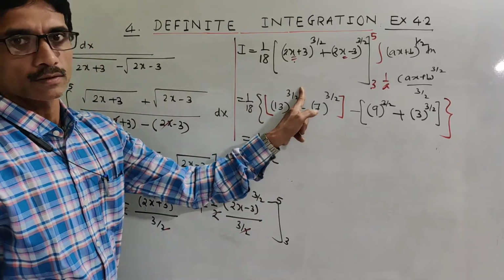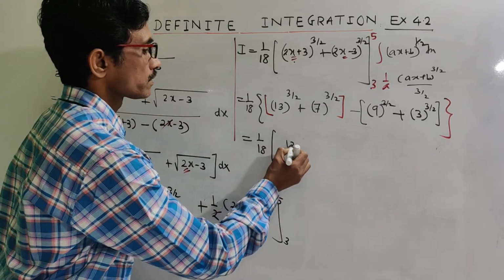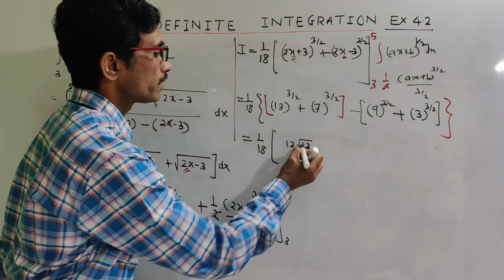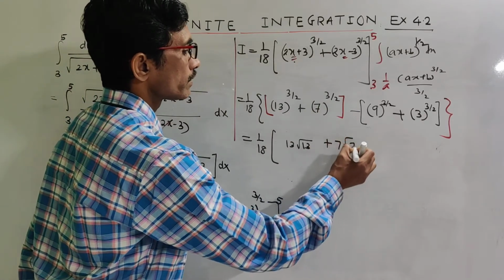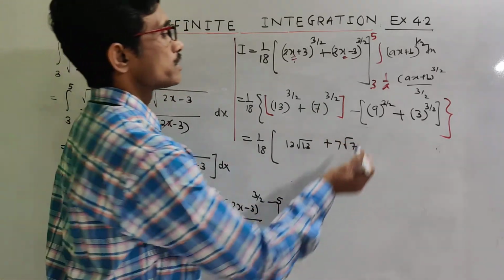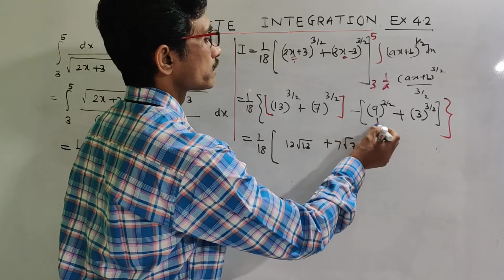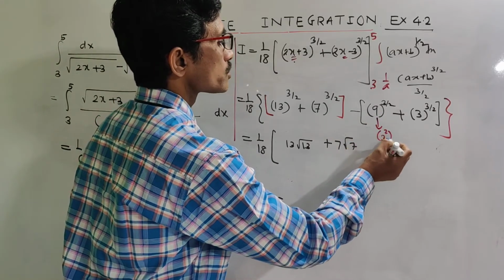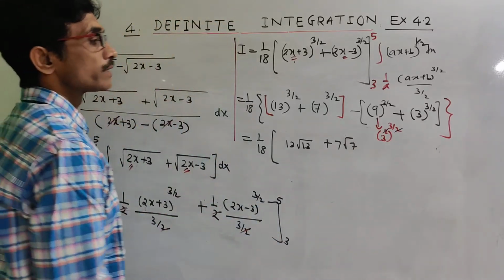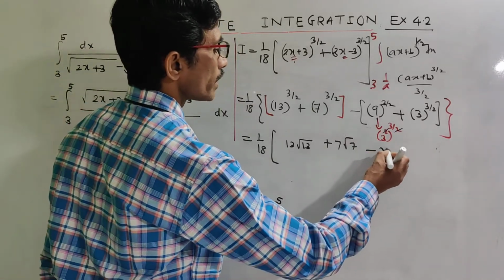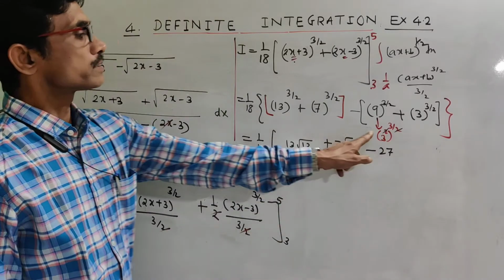13 raised to power 3 by 2 we write as 13 root 13. 7 raised to power 3 by 2 we write as 7 root 7. And this is what? 9 is 3 square, and raised to power 3 by 2, so that 2 will get cancelled and it is 27, that is 3 cube.